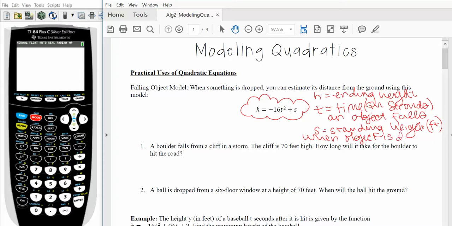So this equation is represented when it's regarding a falling object.